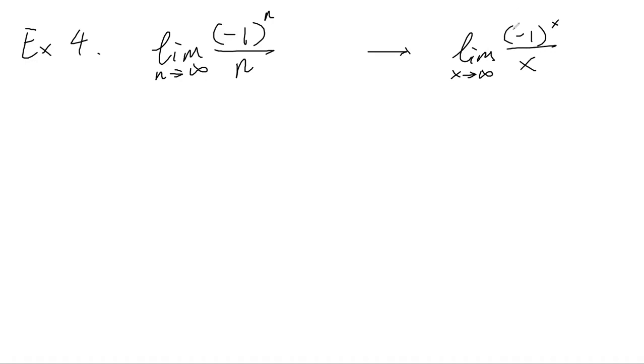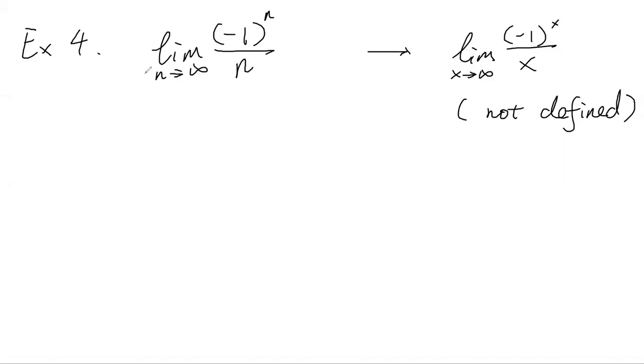And (-1) to the x is not well defined for every x. So this function is not well defined. In other words, you can't evaluate this function at any point.